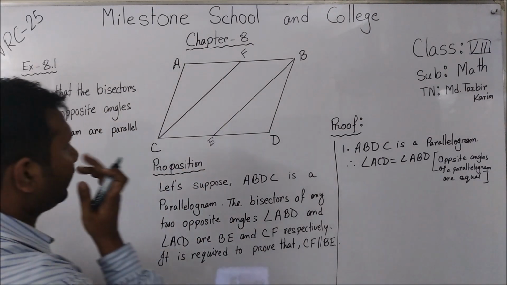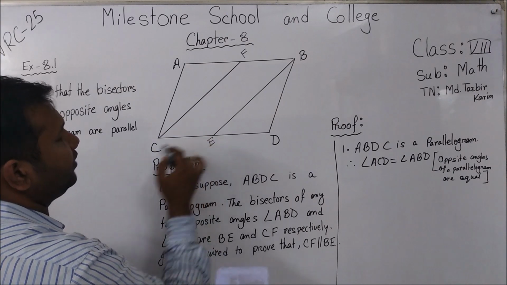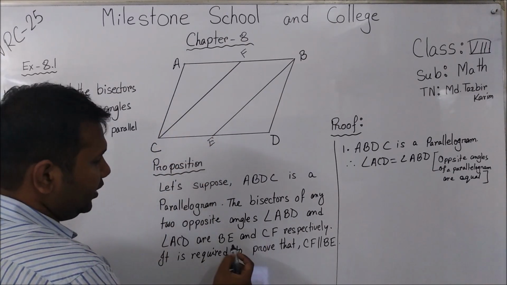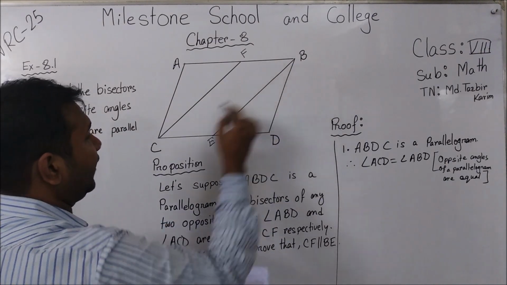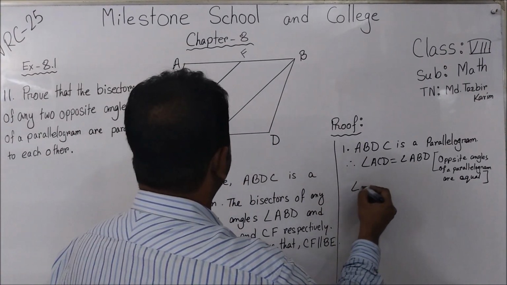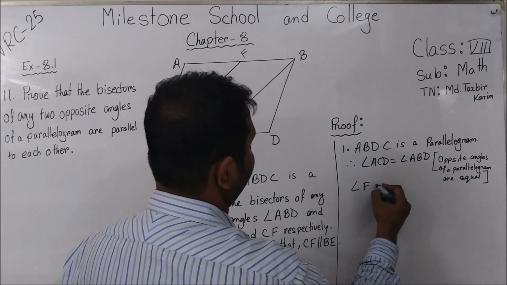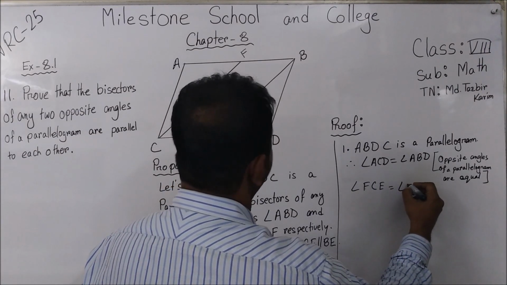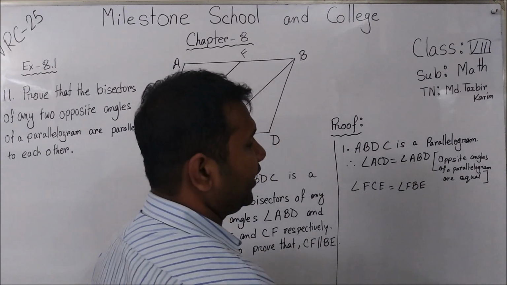You can see the angle FCE is half of the angle ACD, because the question told you that BE and CF are the bisectors of this angle and this angle. So we can write angle FCE equals angle FBE.